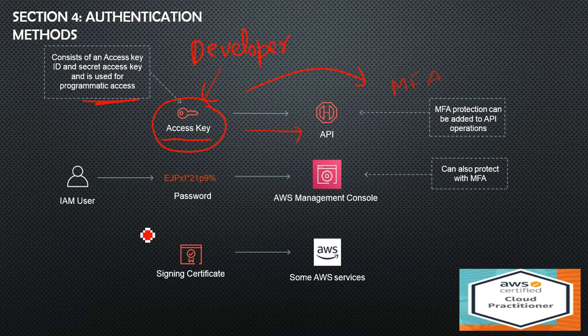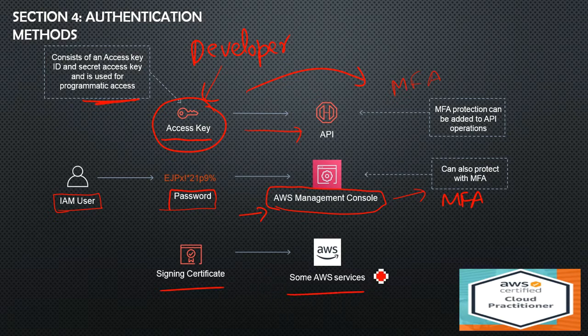Somebody who wants the AWS management console, say an admin, is an IAM user. He has the username and password, logs into the AWS console, and you can also enable MFA here. Third, you have the signing certificate, and not all services support it, but some do.